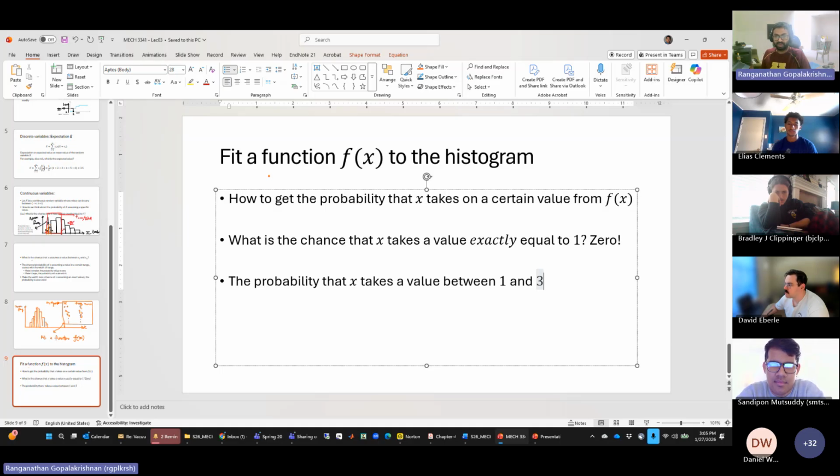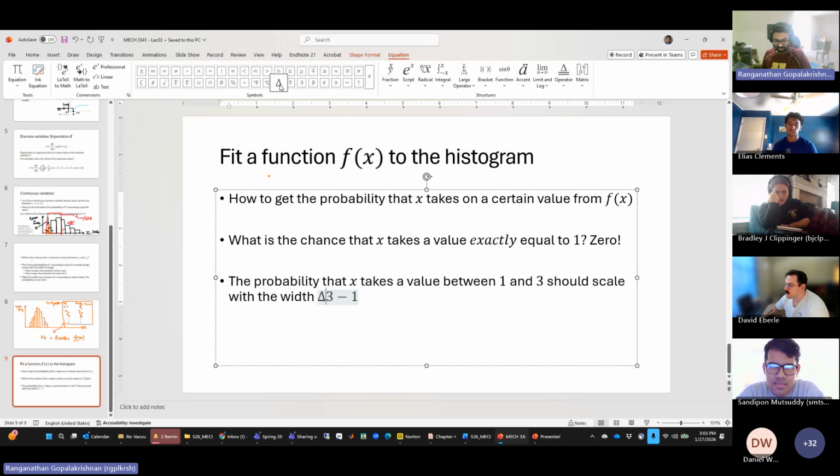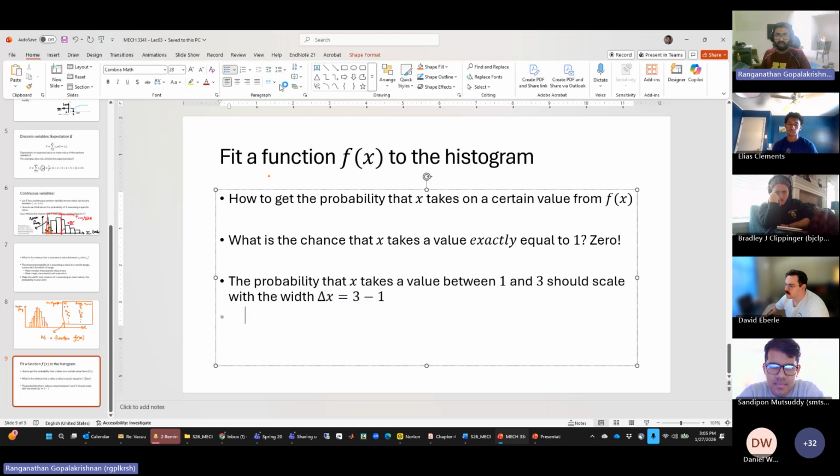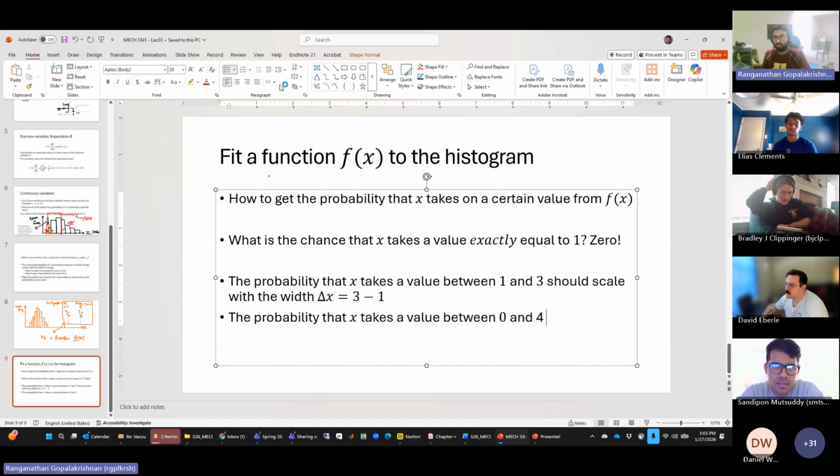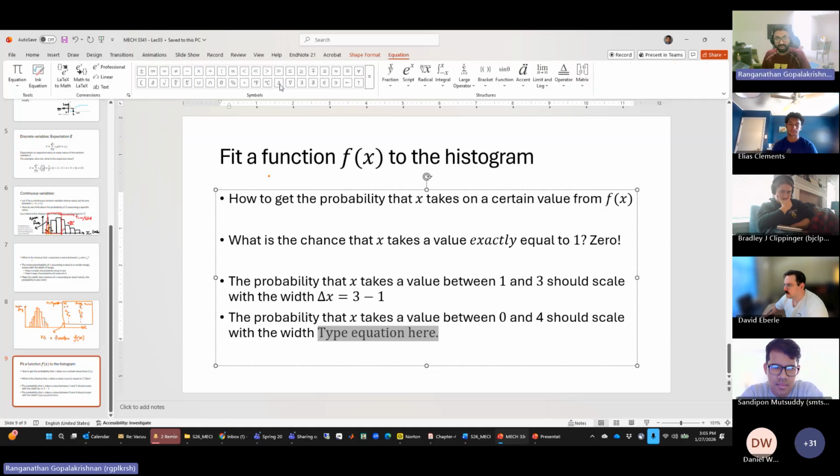I'll call it delta x, which is 3 minus 1. The probability that x takes a value between, let's say, 0 and 4 should scale with the width delta x equal to 4 minus 0.